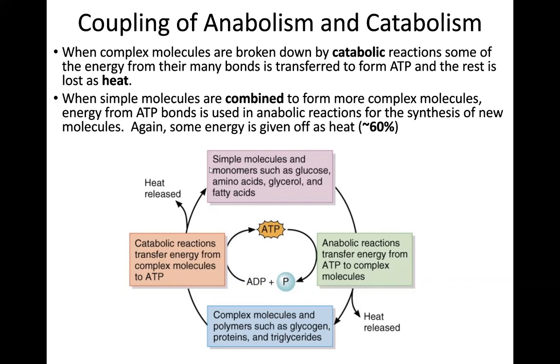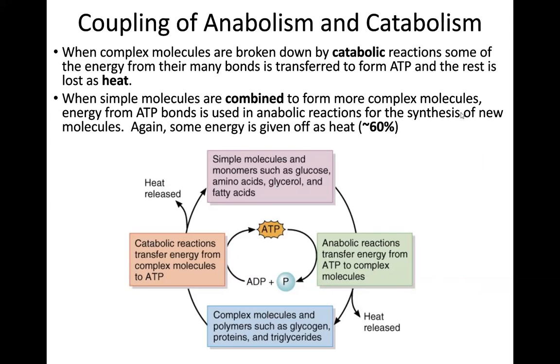Okay. What's also going to be formed is another form of energy, and that's in the form of heat. We also produce heat when we go through anabolic reactions, where we're going from simple to complex, which requires ATP that we form back in our catabolic reactions. Okay. And actually, it's a very significant amount of heat that's given off, around 60%.